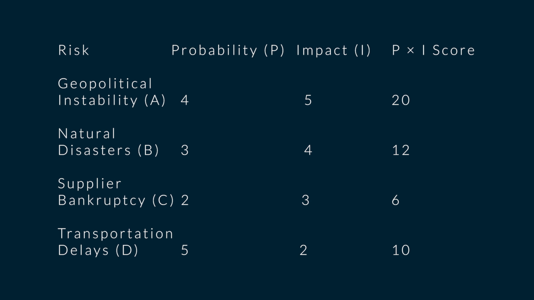We have supplier bankruptcy, and the score is 6, making it less critical, but still worth monitoring. We have transportation delays, very high in probability, but low in impact. And so, it still has a 10, indicating that it's a frequent, but less severe risk.